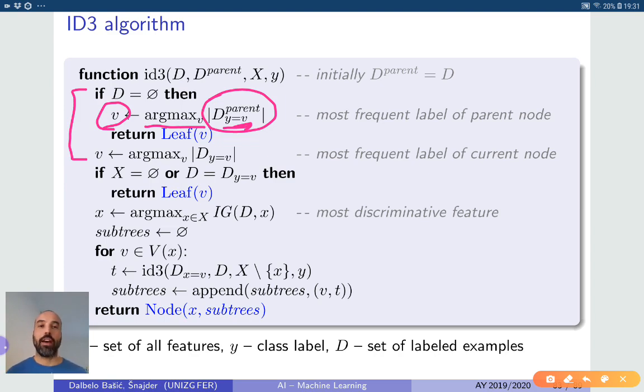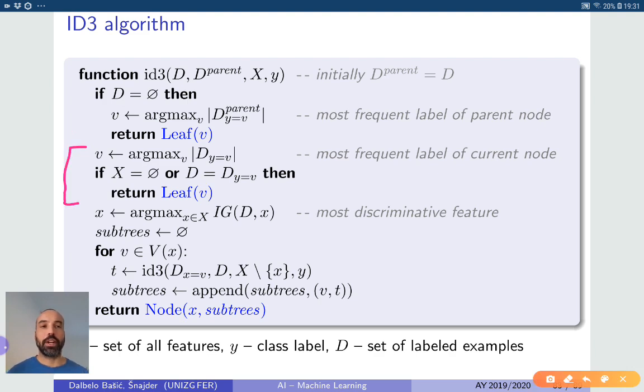So again, if I ever end up with a branch for which there are no examples for that particular feature value combination, then I'll be backing off to the parent node, and I'll choose the most frequent label of the parent node examples to be put as the label for that branch. The algorithm returns a leaf V. A leaf is denoting that I'm building a leaf node labeled as V. Okay, now this covers this odd case here.